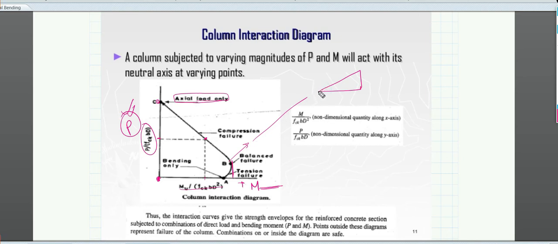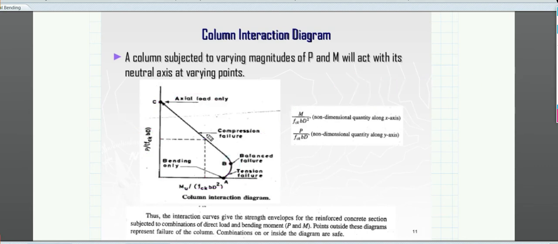In this case balance failure means compression as well as tension are similar, both are at the limit level. Then we will have the tension failure. That means the compression phase is very small but the tension phase is very large. In this case, the failure will be tension failure.